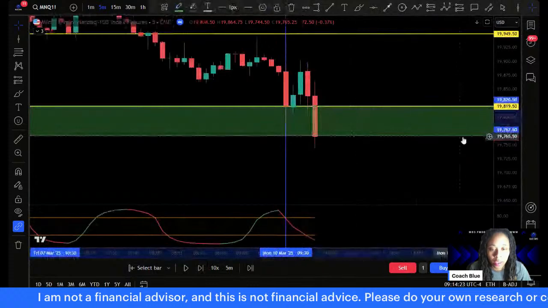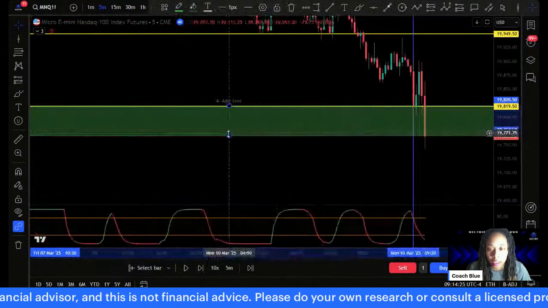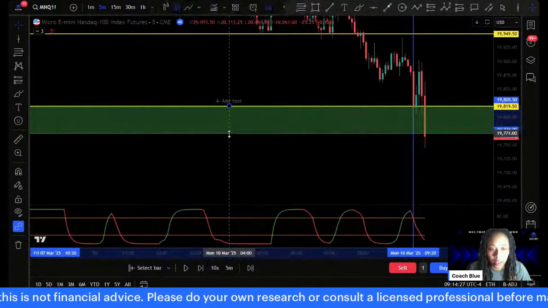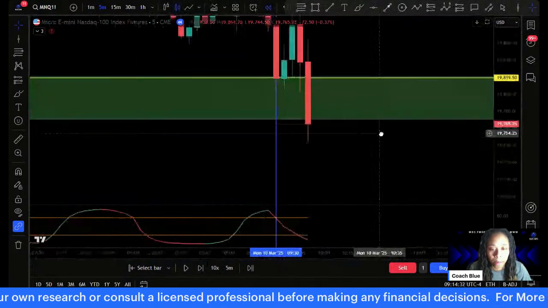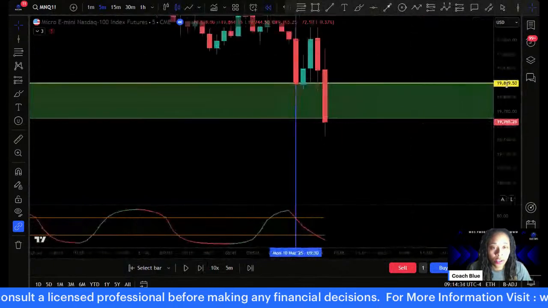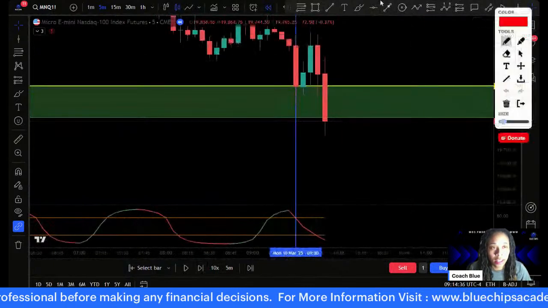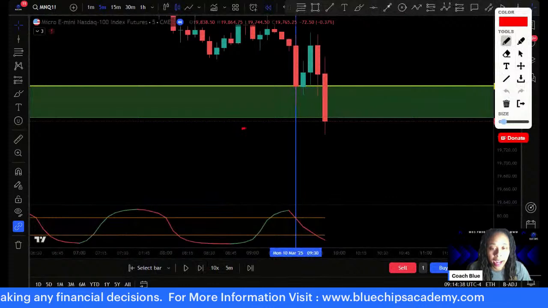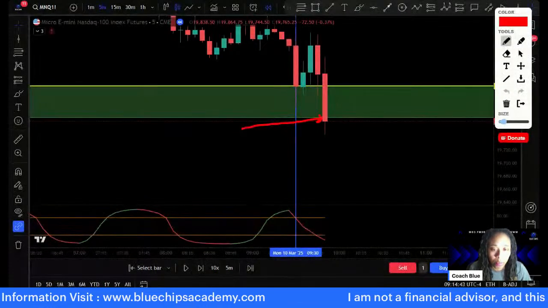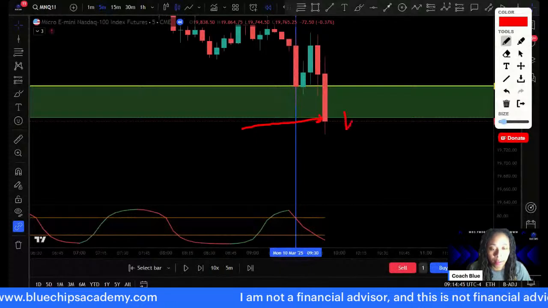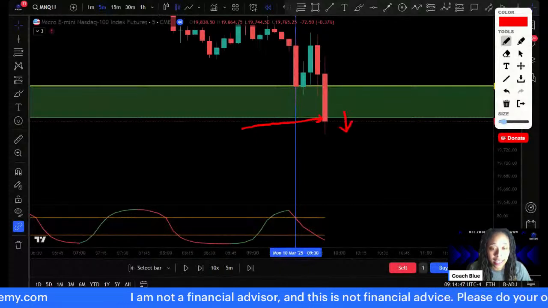And let me just move this up just a little bit to cover. There we go. That's about right. Now with a breakout, I always tell this to the students, I want to see the body of the candle, which is right here, break beneath the level. And in this case, it did.